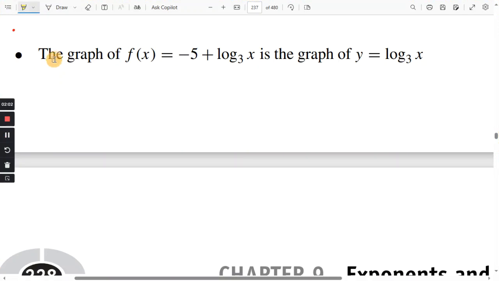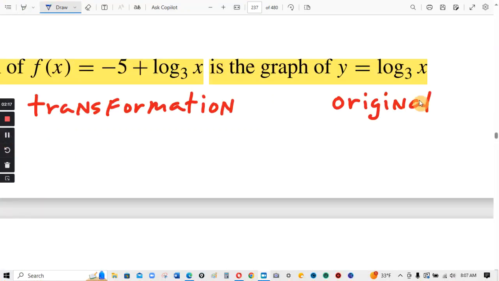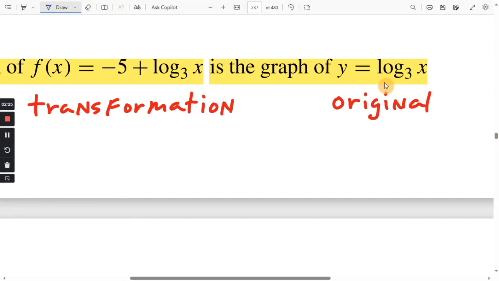All right, next one up. The graph of f of x equals negative 5 plus log base 3 of x is the graph of y equals log base 3 of x. See if you can figure out the transformation. All right, so this is the original and this is the transformation. So what exactly happens? Well, we have log base 3 of x, and we have log base 3 of x minus 5.